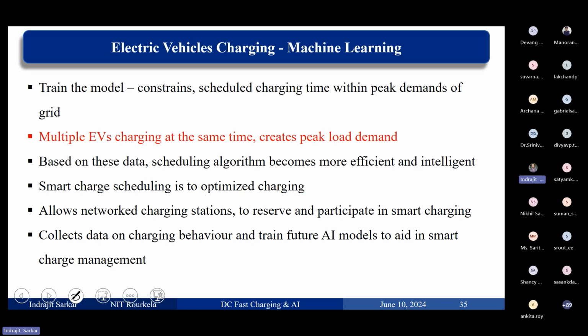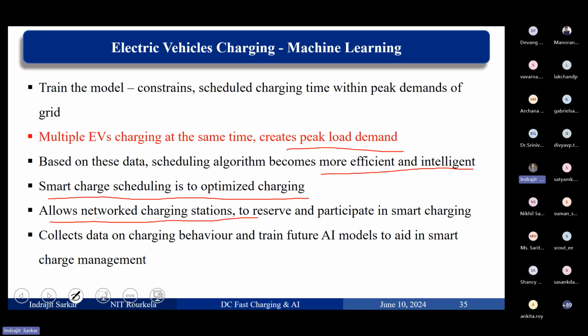Now the charging is scheduled so that it is distributed over 24 hours. Multiple EVs charging at the same time creates peak overload demand, as we already mentioned. Based on this data, the scheduling algorithm becomes more efficient and intelligent to accommodate the charging of an EV. Smart charge scheduling optimizes charging and allows a network of charging stations.